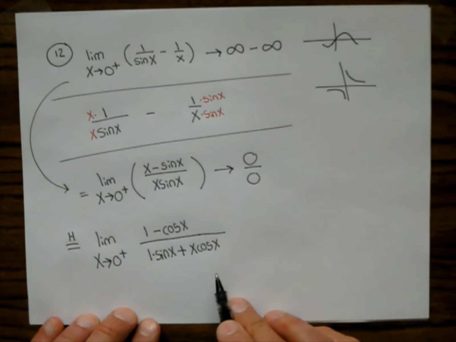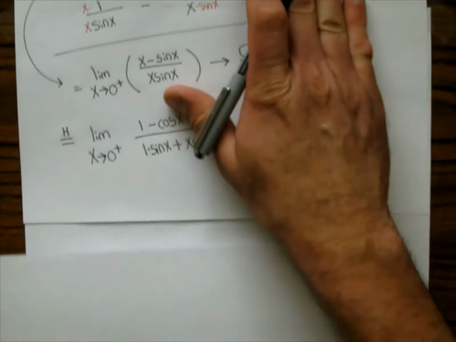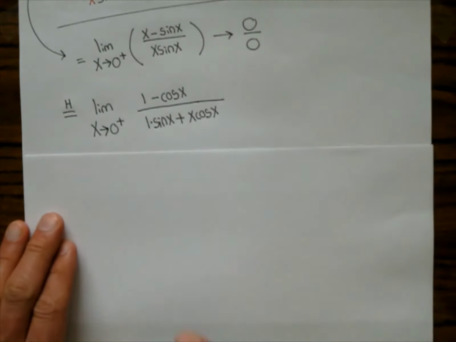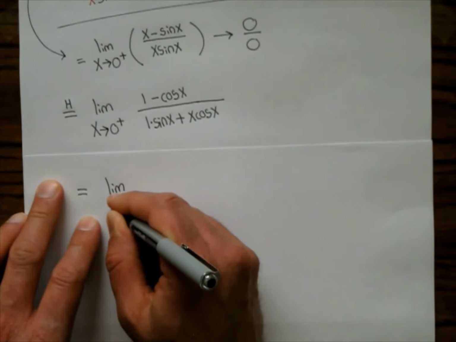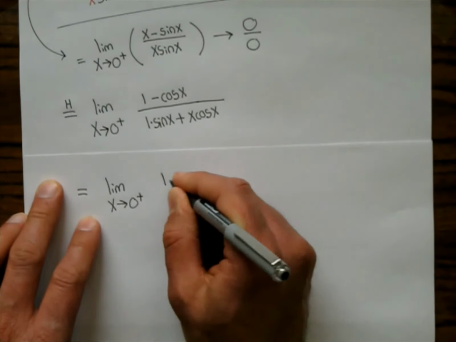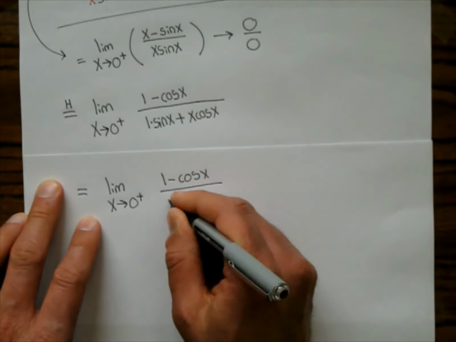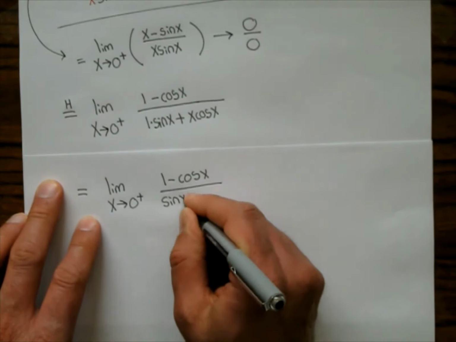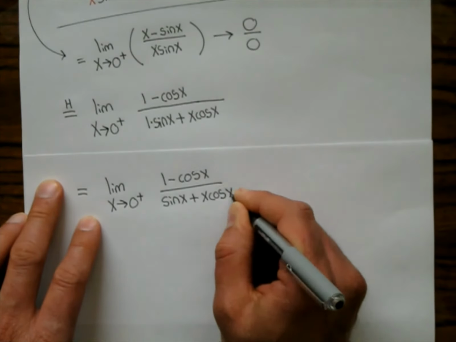Now I'm going to use another piece of paper on this one, so let's just rewrite it nicely. The limit, well, I guess I could have just plugged 0 into that: 1 minus cosine x, and on the bottom I have sine x plus x cosine x.